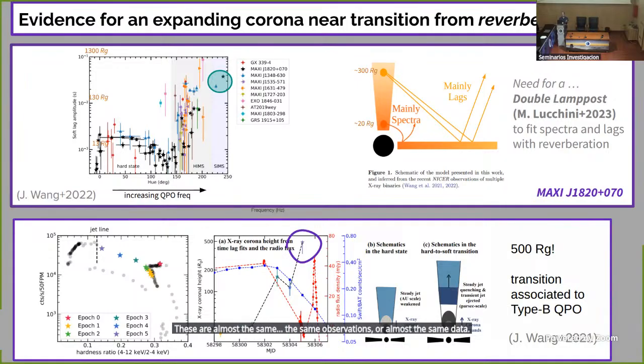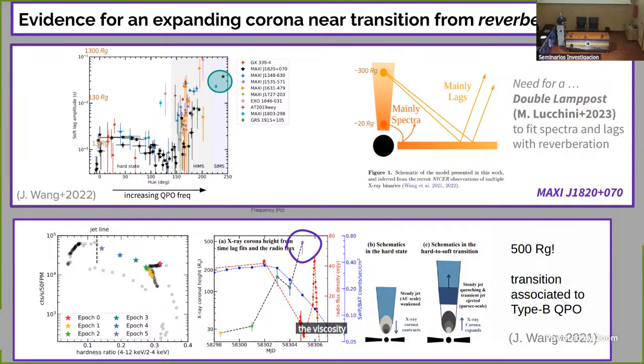We were observing almost the same observations or almost the same day. So if you have a model that depends on light travel time, you find consistent results. But the other possibility would be that these delays originate in a totally different manner. For instance, they could originate in the viscosity.